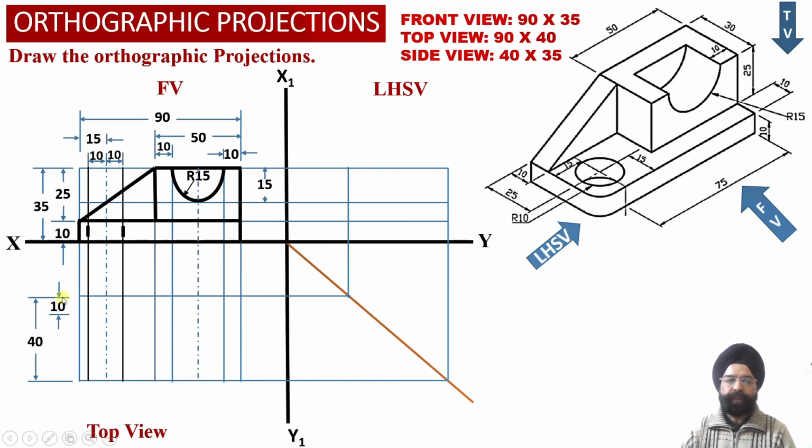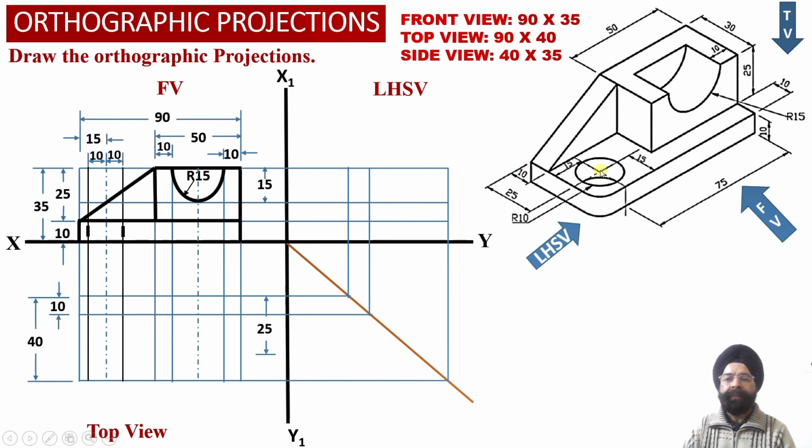So from the rear face of the solid, we have marked a distance of 10 millimeter and drawn a horizontal projector line at a distance of 10 millimeter from the rear face into the top view projections, and we have transferred this horizontal projector line into the left hand side view projections.